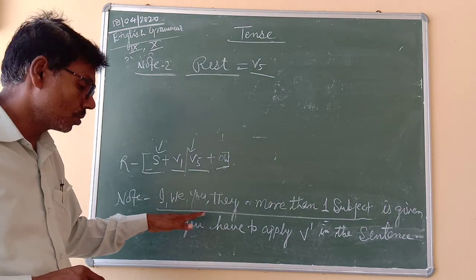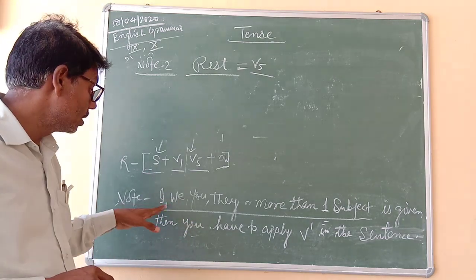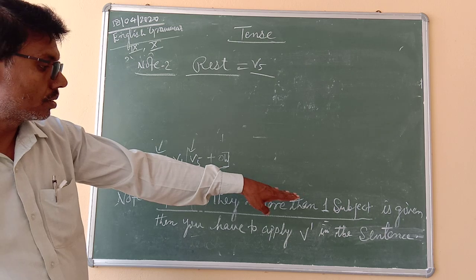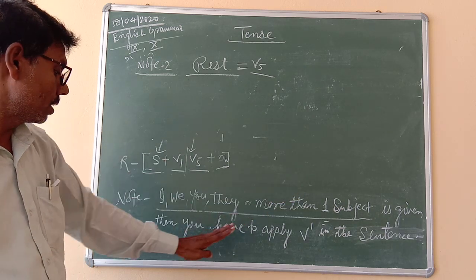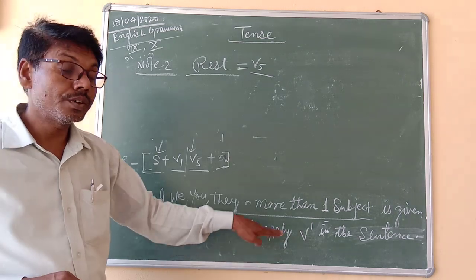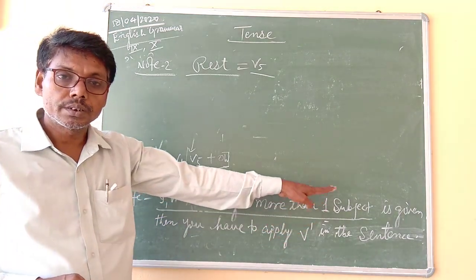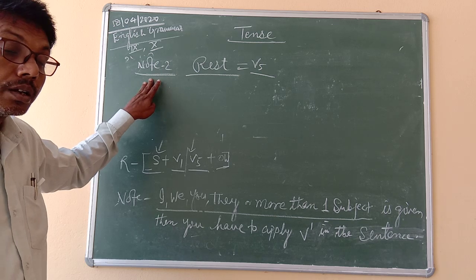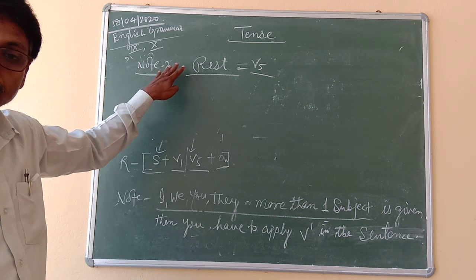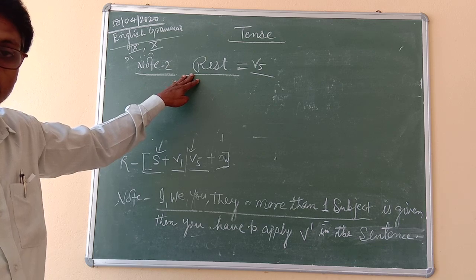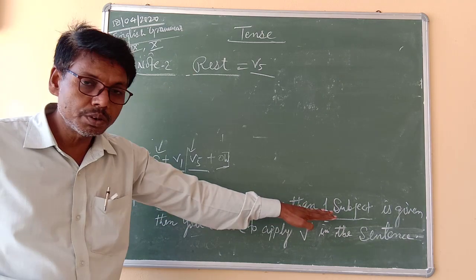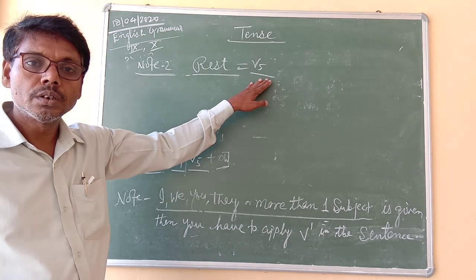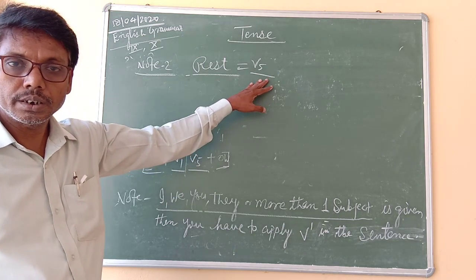After reading the notes, when the sentence begins with subject I, we, you, they, or more than one subject is given, then you have to apply first form of the verb in the sentence. Clear? Number 2, notes: rest subjects, leaving these, whoever else remains in the world, with them we will use fifth form of the verb. Okay, clear?